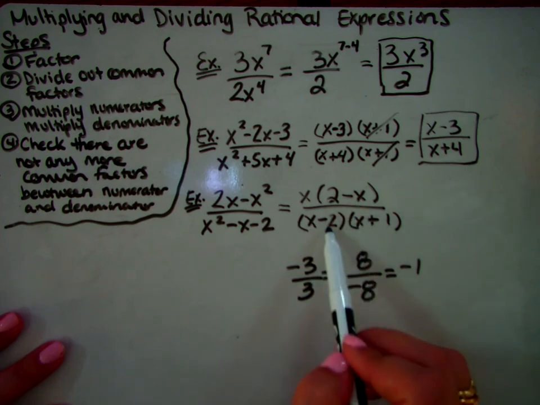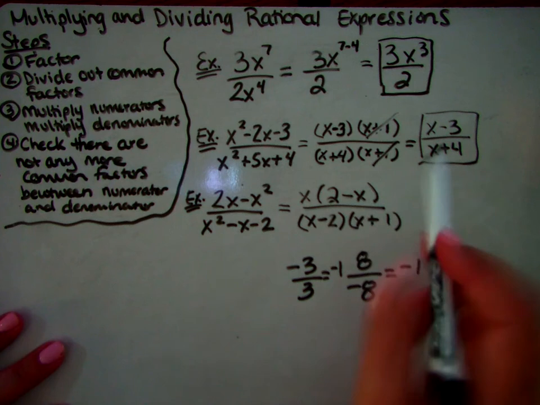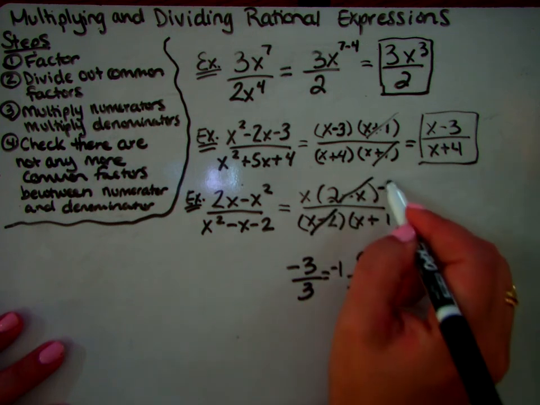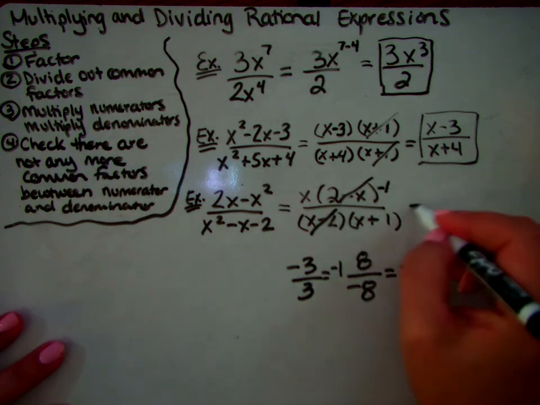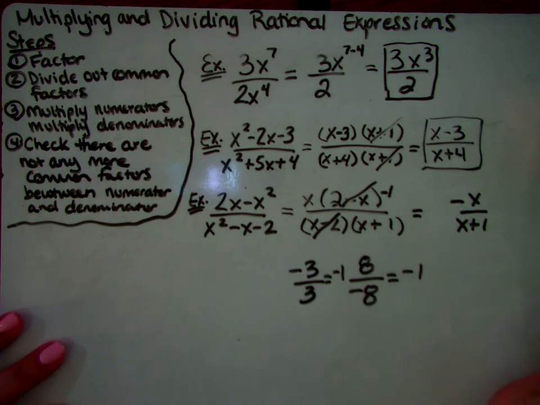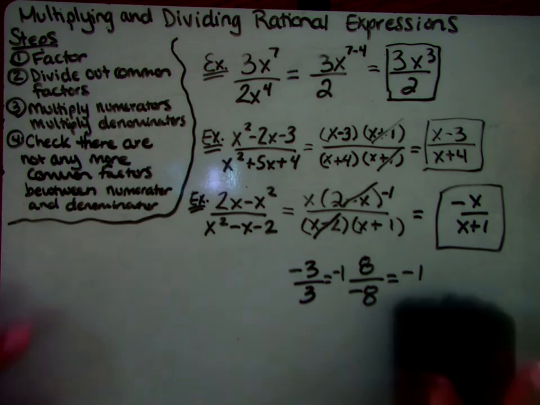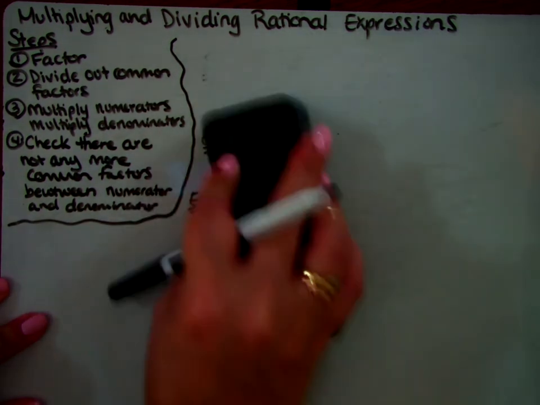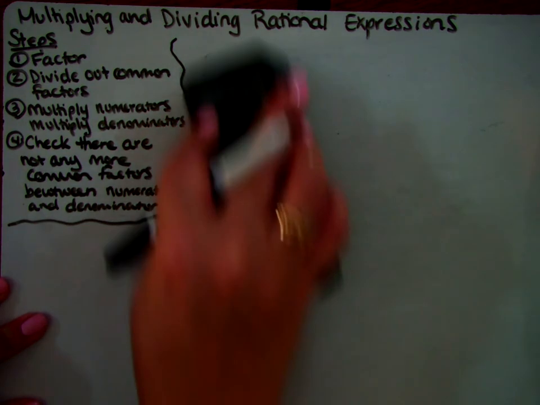There's a negative 2, that's a positive 2. They are opposites. So they're going to cancel, and it's going to leave a negative 1. So now your answer is negative x over x plus 1. So that is simplifying, just simplifying to its simplest form.